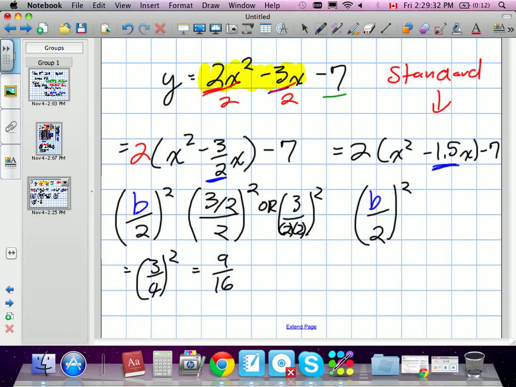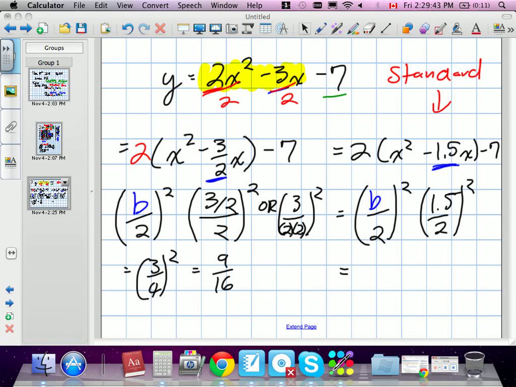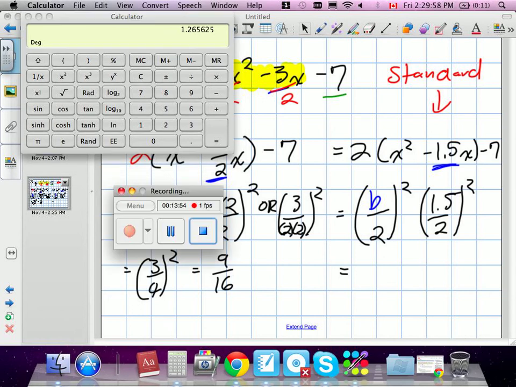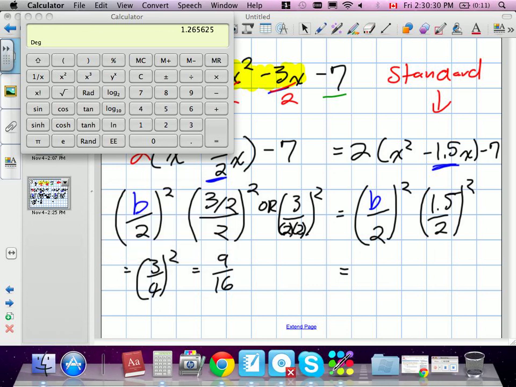If I do it with 1.5, I would have 1.5 divided by 2, okay, squared. I'm going to evaluate that with the calculator here. 1.5 times 1.5 divided by 2 squared. I'm starting to work with some odd numbers. So, sorry, there's a few things I left out.